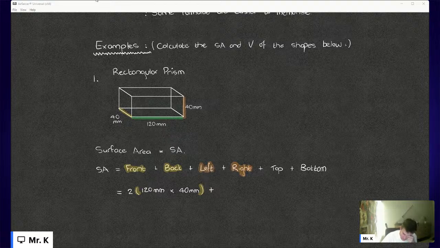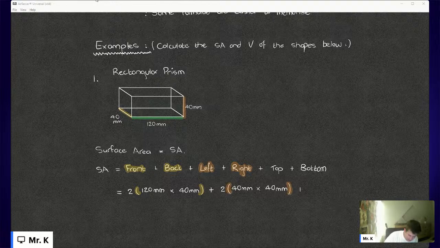The left-hand square over here is 40 millimeters wide and 40 millimeters tall. But I have the same identical plate on the right-hand side of the rectangular prism. So in this case, I would have 2 of the following. A 40 millimeter by 40 millimeter rectangle. It's actually a square though in this case, right? This would represent my left and right sides.